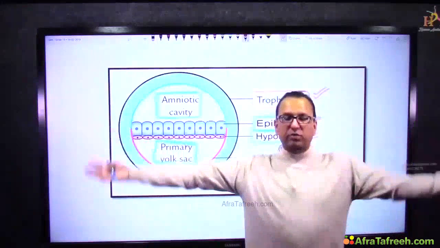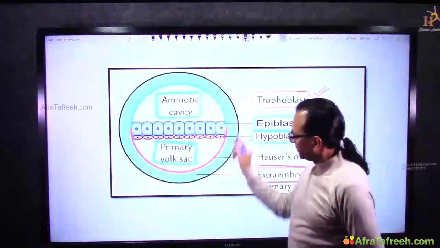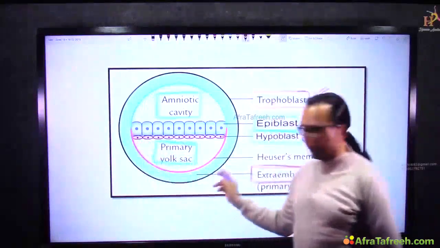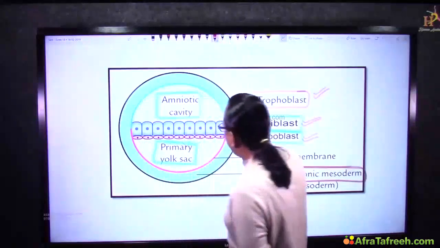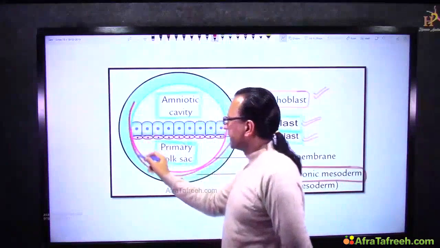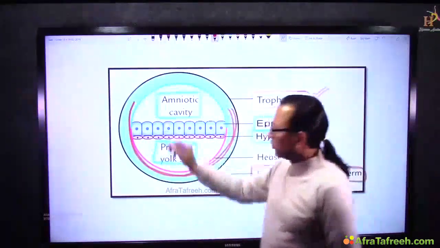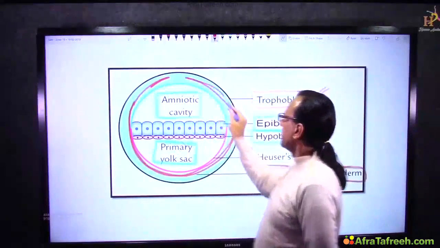That develops within the extraembryonic mesoderm. You mean to say now there is some cavity going to develop within the mesoderm? Yes, and that cavity which develops within the mesoderm is not all around. It will be missing from this area.